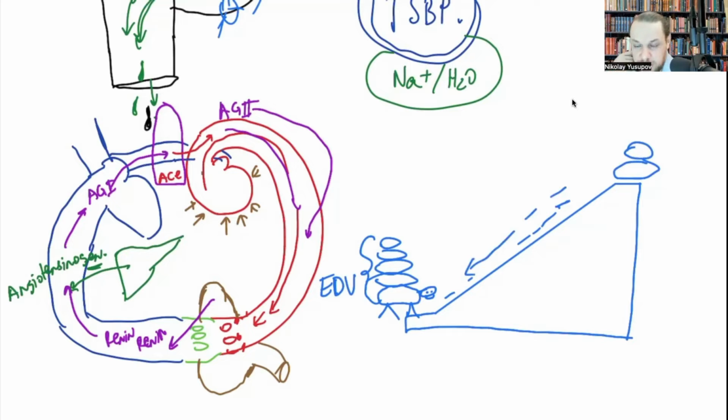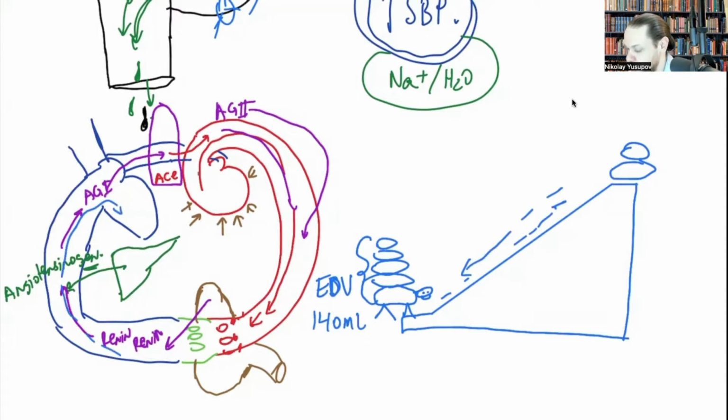Usually, you guys remember, we talked about your stroke volume roughly being about 70 ml, your end diastolic volume being about 140 ml. So let's say the preload that comes in here to your heart is about 140 ml, and then your heart contracts, so what it brings out is about 70 ml here, and then it's going to make its way down. So this is what happens normally.